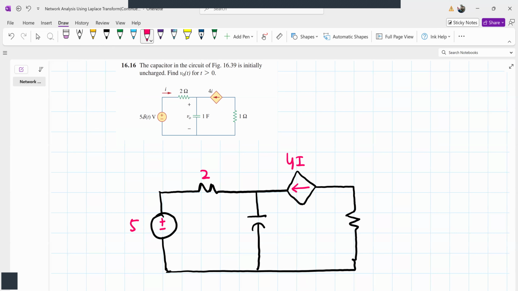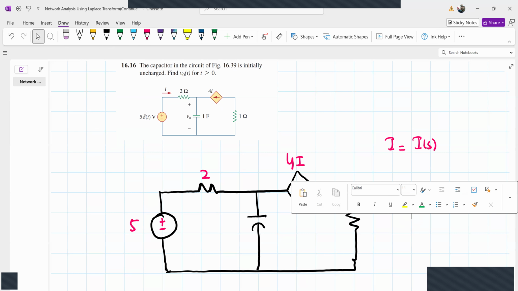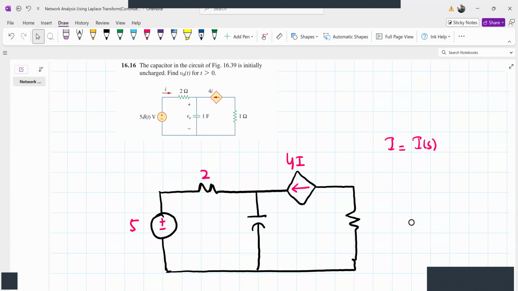Where capital I is the same as I(s). Let's use this to simplify the notation. The capacitance is 1 farad, so it will be replaced by 1/(Cs).